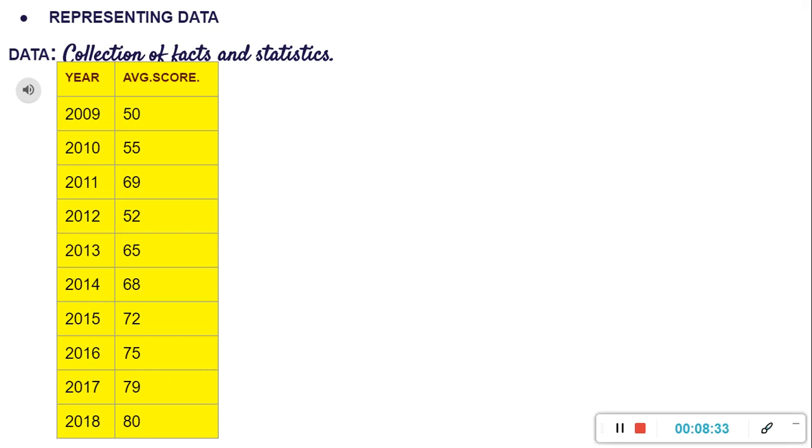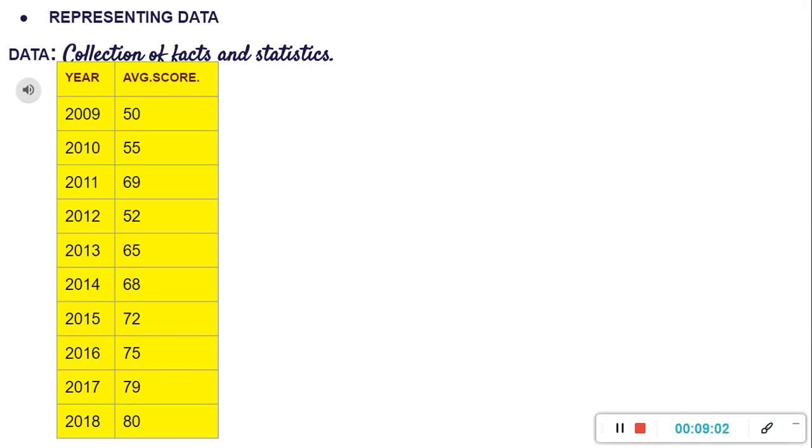So they do not want to rely on the data for 1 year. Instead, they want to analyze the score for 10 years. So now just imagine how much data will be there. This data will consist of the score of all the students who have passed out from the school in the last 10 years, isn't it?